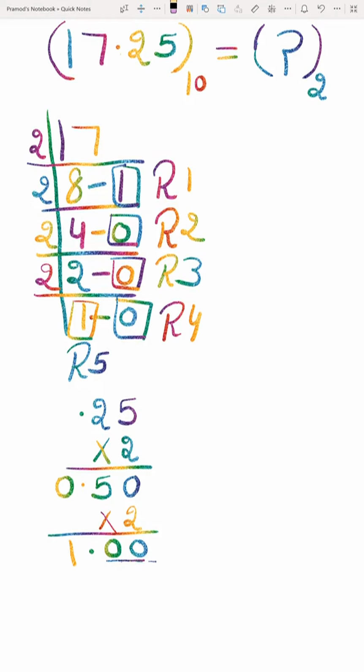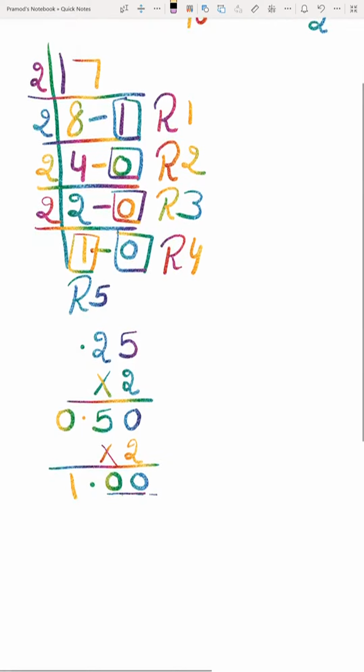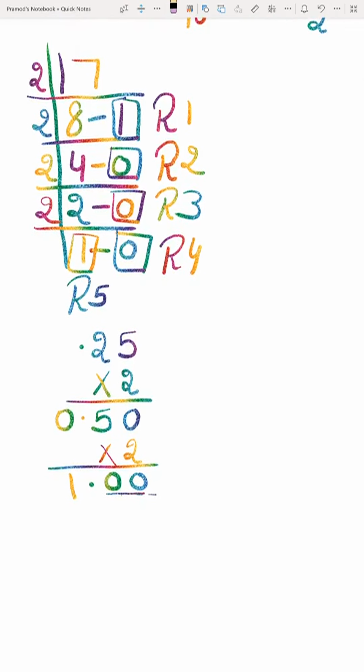And now how to write your answer? First you write down your remainder number 1 here. This is 1. Then you write down remainder number 4, and this is 0. Then remainder number 3, again 0. Then remainder 2, this is 0. Then remainder number 1, this is 1 here.